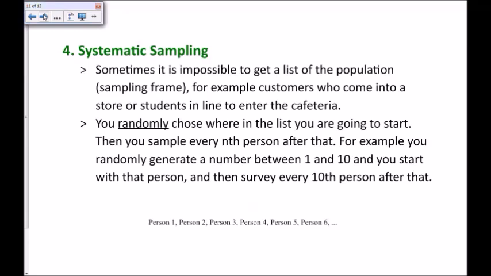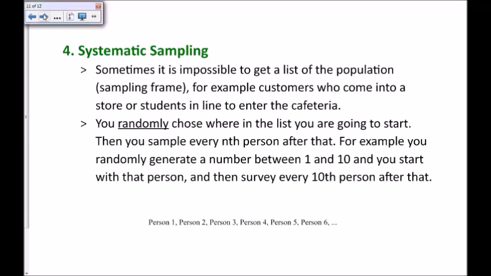Stores have no idea the exact individuals who are coming, but when they walk through the door, they can, in essence, number them off and generate their sample by people coming through the door. Or students in line to enter a cafeteria. They're somehow lined up. You will randomly choose where in the list or where in the line you are going to start. And then you will sample every nth person after that.